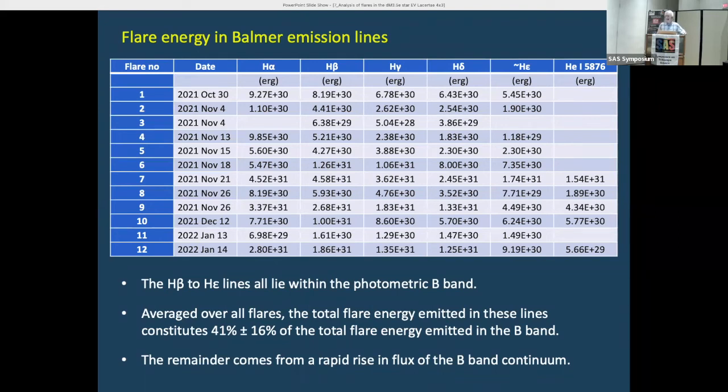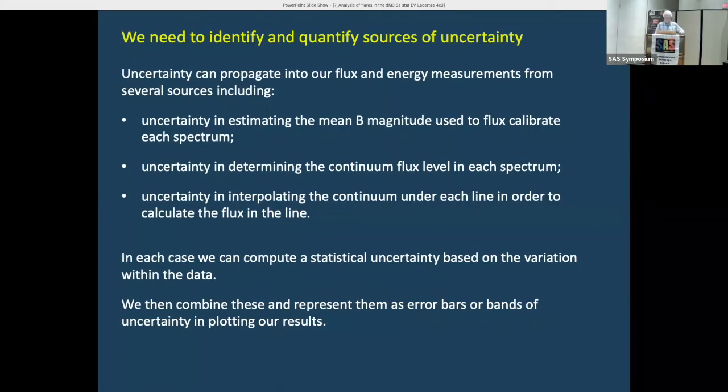So in other words, what we're saying is that of the energy emitted in the B band, about 60% comes from the rise of the continuum level, just the general increase across the whole continuum, and about 40% is the additional rise above that in the emission lines. Again, I think that's a useful thing for us to be able to say.